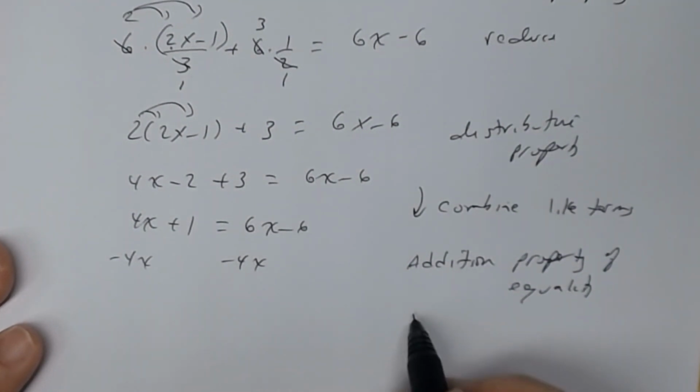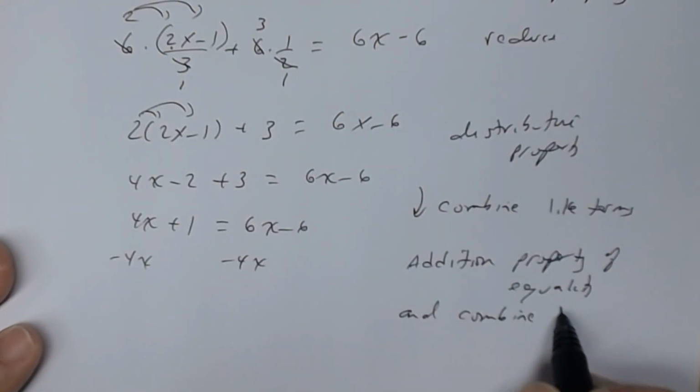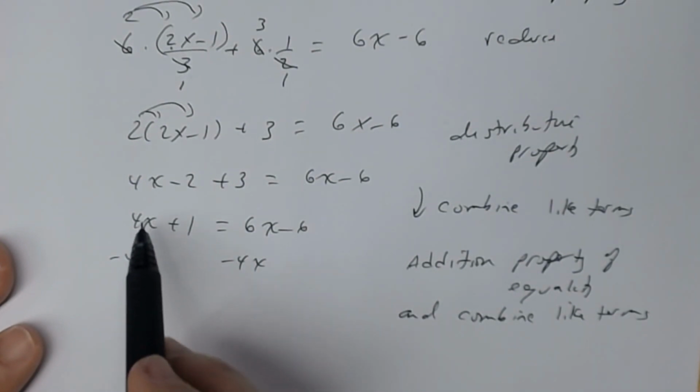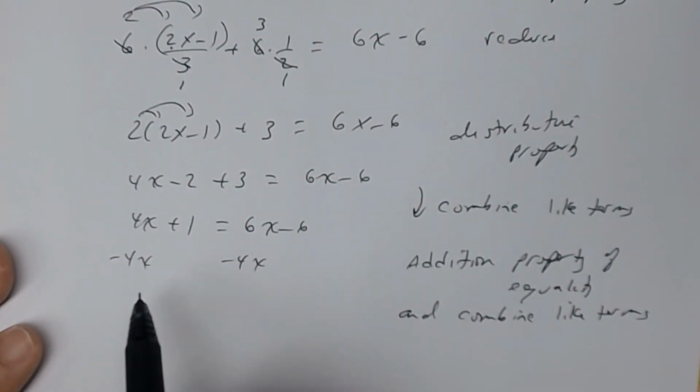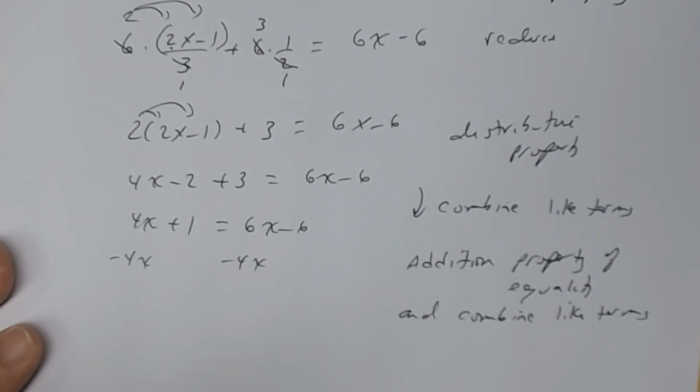So I'm going to combine like terms. Remember, the addition property of equality says what I add to one side, I add to the other. So if I add a negative 4x to one side, I've got to add a negative 4x to the other side. So I subtract 4x, I subtract 4x.